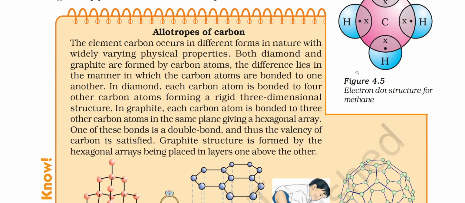Allotropes of carbon. The element carbon occurs in different forms in nature with widely varying physical properties, but diamond and graphite are formed by carbon atoms. The difference lies in the manner in which the carbon atoms are bonded to one another. In diamond, each carbon atom is bonded to four other carbon atoms, forming a rigid three-dimensional structure.